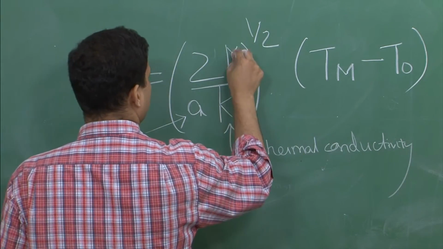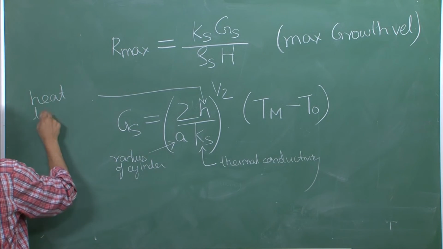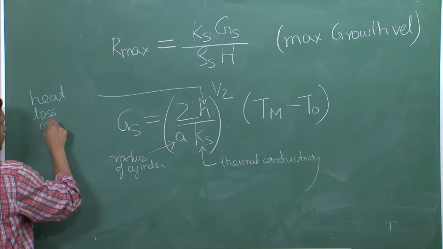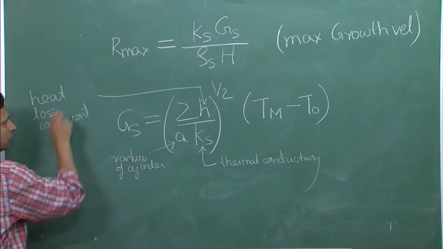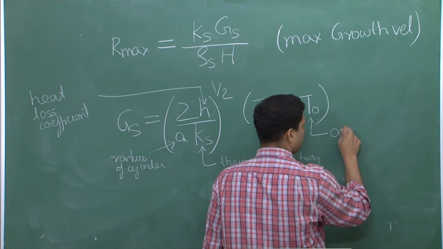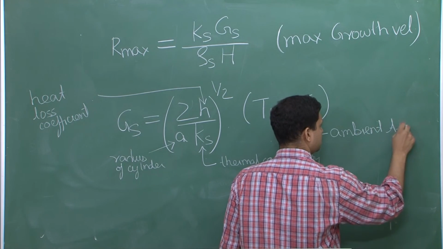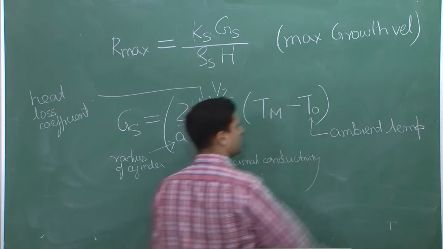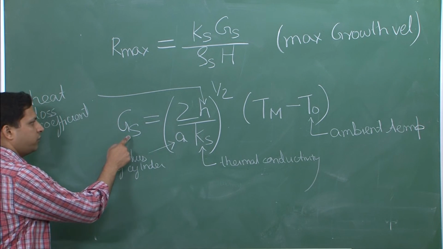This H is the heat loss coefficient. Tm is the melting temperature and T naught is the ambient temperature. So, these are the various factors that actually influence GS.